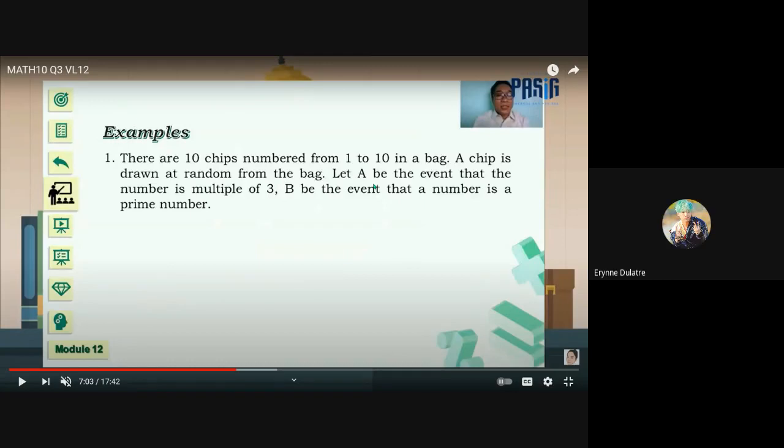Dalawa lang na factors. Yes. These are numbers that have 2 factors only, and that is 1 and itself. Like for example, 3. Okay? So ang factors ng 3 ay 1 and itself. Okay?